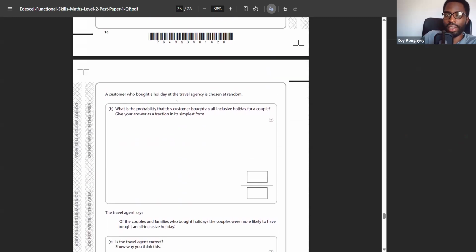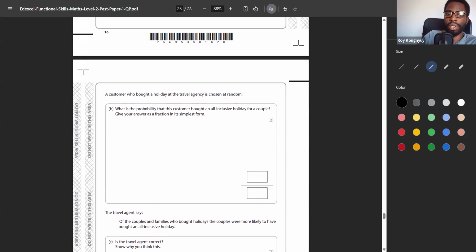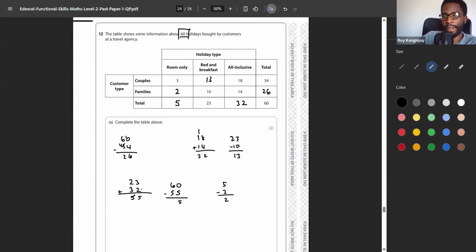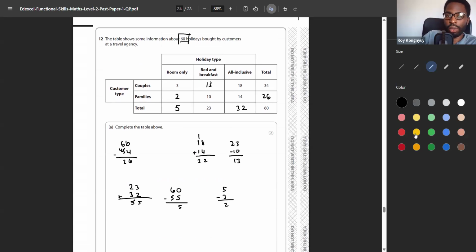Now, a customer who bought a holiday at the travel agency is chosen at random. What is the probability that this customer bought an all-inclusive holiday for a couple? Let's look at the table. An all-inclusive, so it has to be within this column. But for a couple, that's right here. So it's 18 out of 60.